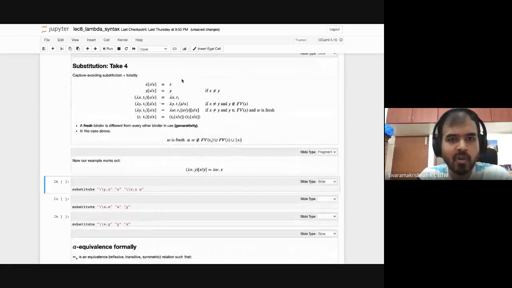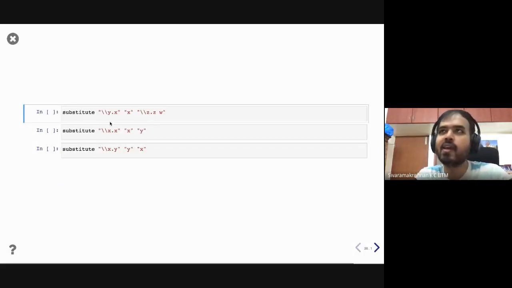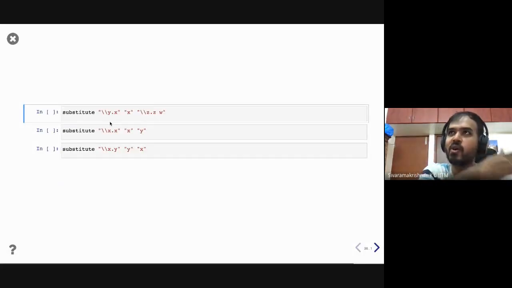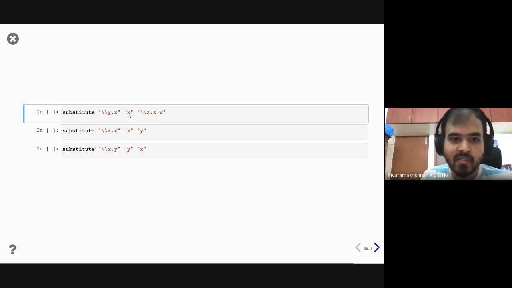So what I wanted to take away is there is an implementation of a substitute function, right? Which I'm applying on the same examples that we saw on the previous 3 slides, right? This is the first easy example where we are substituting. So it takes 3 arguments, right? We are using different syntax, so it might be worthwhile to explain what we're doing.